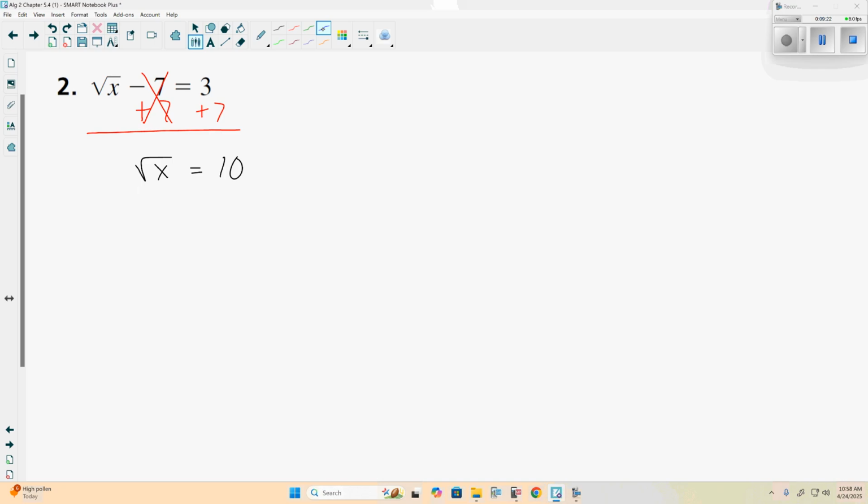Put both sides to the nth power. And the power is still 2, because the square root and square would cancel, telling us x is equal to 10 squared or 100.